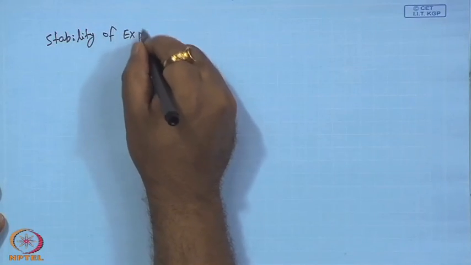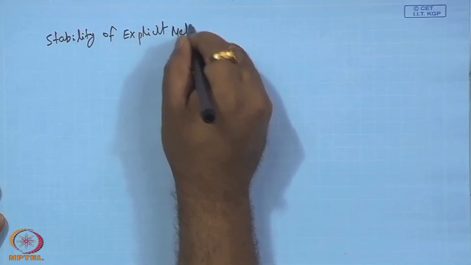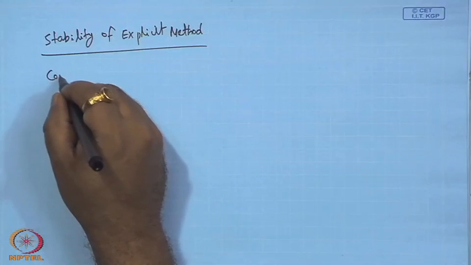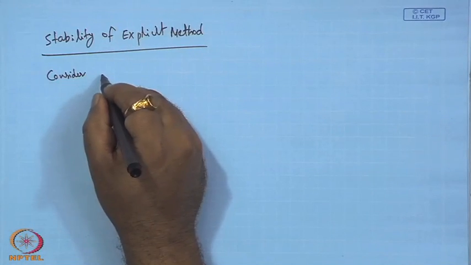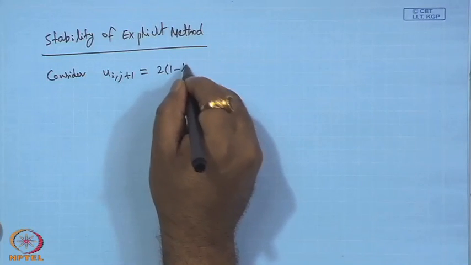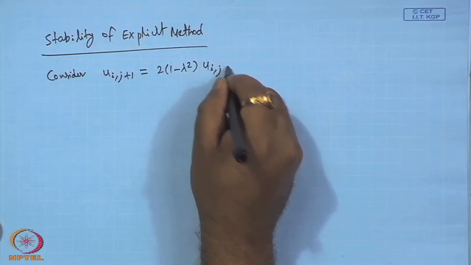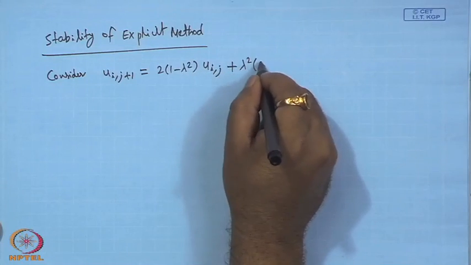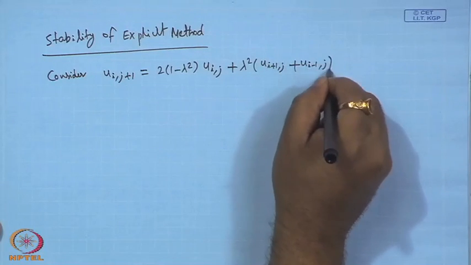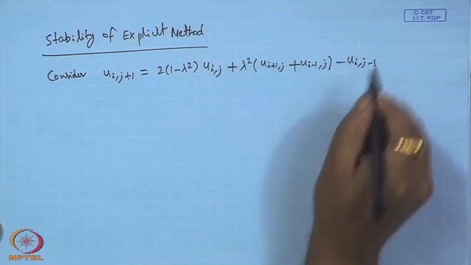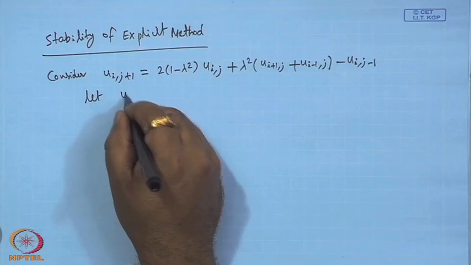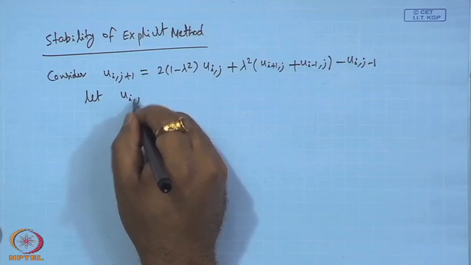Stability of explicit method. So, we consider, so this is our explicit method. Then let u I j.